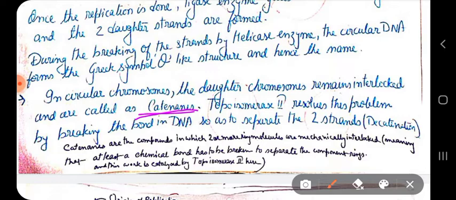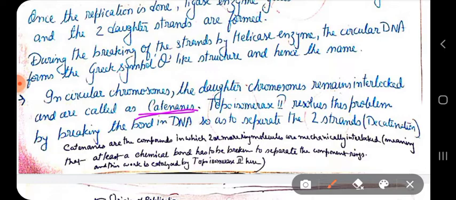This means that at least one chemical bond has to be broken to separate those component rings, and this work is done by the topoisomerase enzyme, as we have seen when studying the enzymes needed for the replication process in prokaryotes. Topoisomerase can do this job by breaking the bond between the strands to overcome supercoiling.